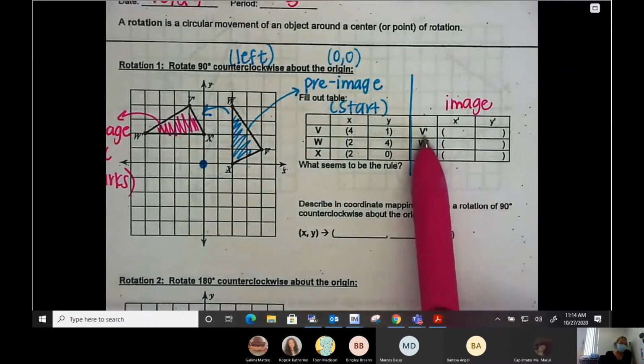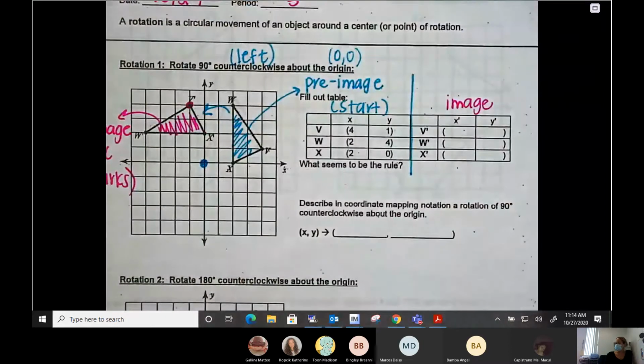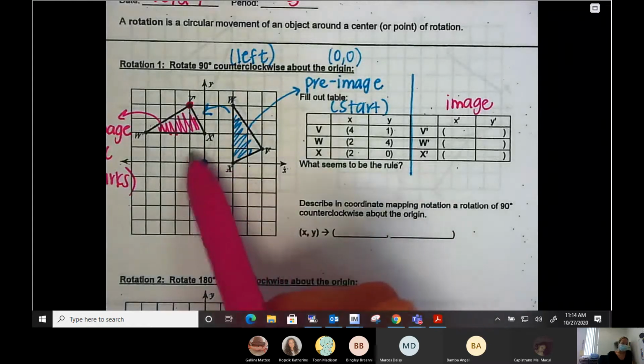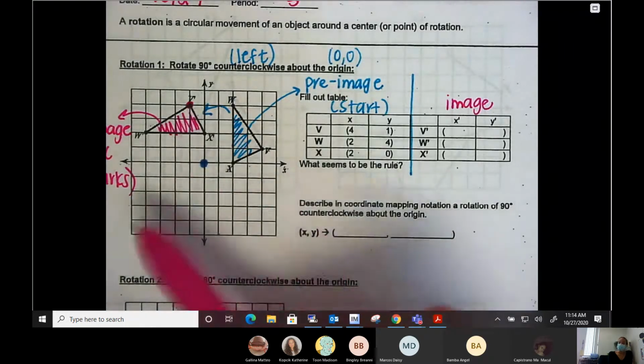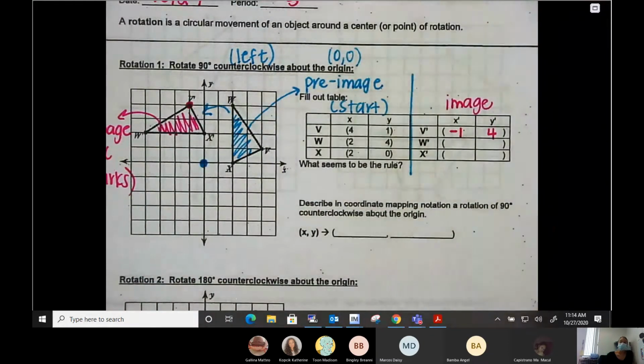So if I take a look at point V prime, so the V with the little tick mark next to it, this one up here, what are the coordinates of that point? So go left or right first, up or down second. -1, +4. So go to the left 1, up 4. Good. -1, +4.